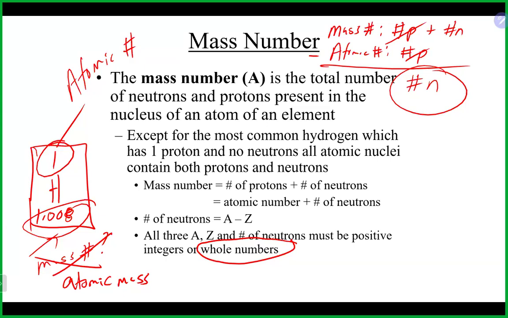So sometimes people think they must have just rounded the number, and that's not the case. The only number you can find on the periodic table is the atomic number. The mass number is not found on the periodic table. You will be given enough information in the problem to calculate the mass number, atomic number, and number of protons, electrons, and neutrons. But again, the only thing you get from the periodic table is the atomic number. Any questions on that there?